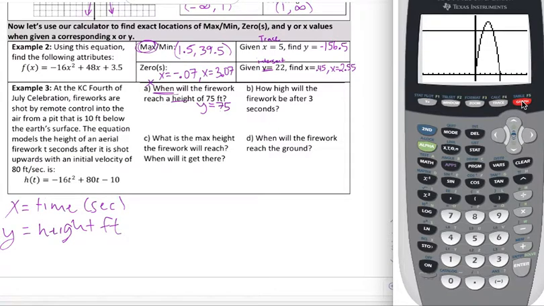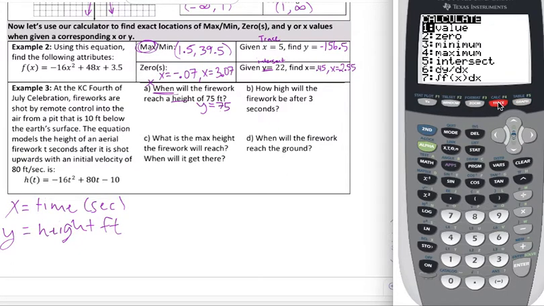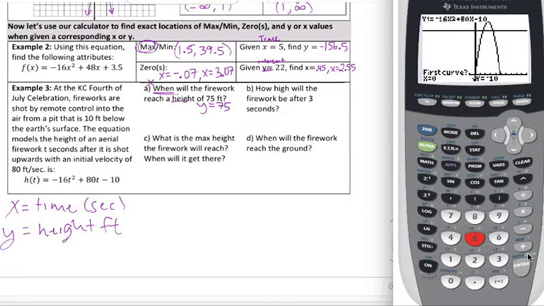So there are 2 places that happens, so we want to find where these lines intersect. So second calc, 5 for intersect. Your first time through, you can just say, yep, first curve, second curve, guess, and that intersection happens at 1.53 seconds.